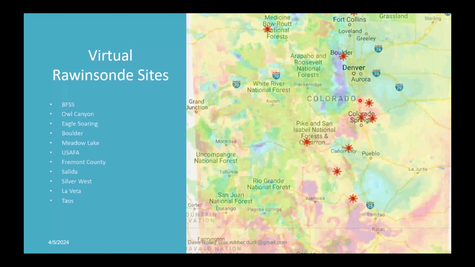The one I've got my little pointer on, that's Black Forest. Here's Meadow Lake. Here's the Air Force Academy, Boulder, Colorado Soaring Association up at Owl Canyon at the top of the map, Eagle Soaring over here, I think it's by Steamboat, Salida, Colorado, Canyon City or Fremont County Airport, and then Silver West Airport, and I think that's La Veta Airport right here.